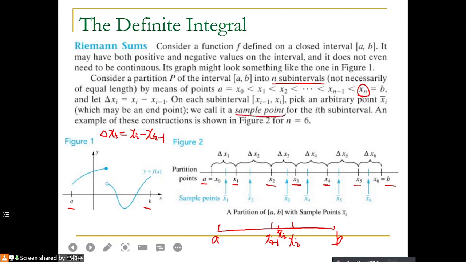We choose a sample point for each subinterval: in the first subinterval x1 bar, in the second x2 bar, then x3 bar, x4 bar, x5 bar, x6 bar. The lengths are delta x1 through delta x6, not necessarily of equal length.